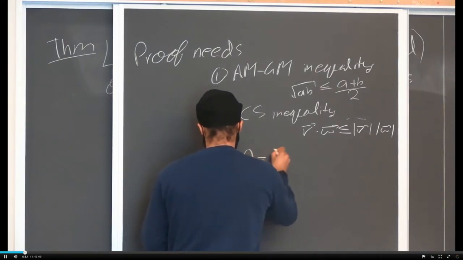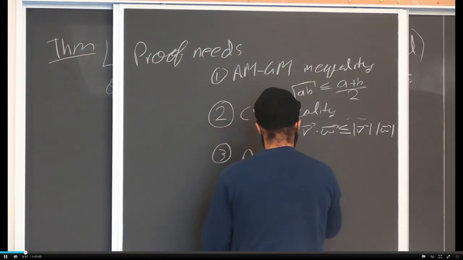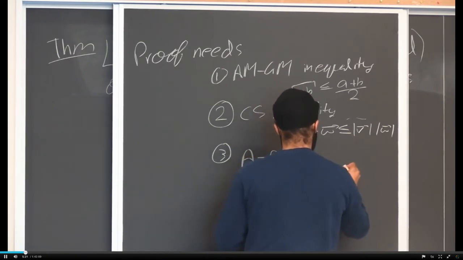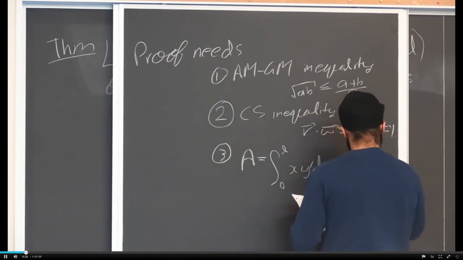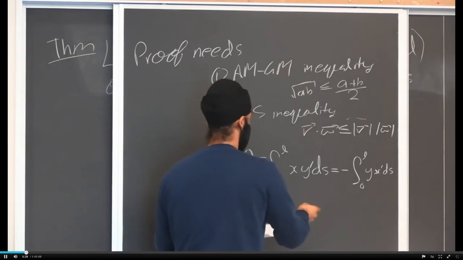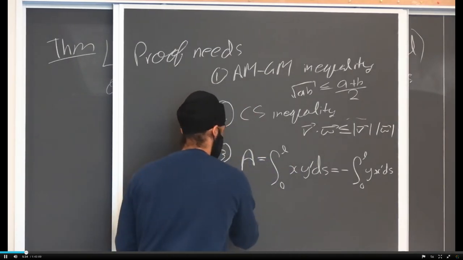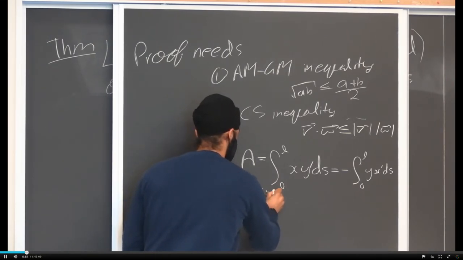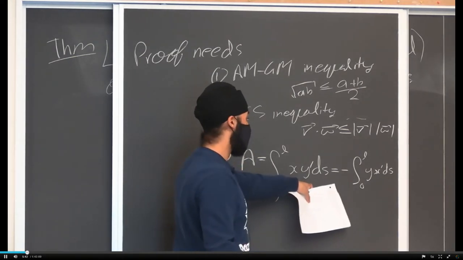So the area is given by, there's two slight variations. Okay, so this formula, basically what it's saying, if you have a curve which is parametrized by s, it gives us x(s) and y(s). Then this is our formula for area.